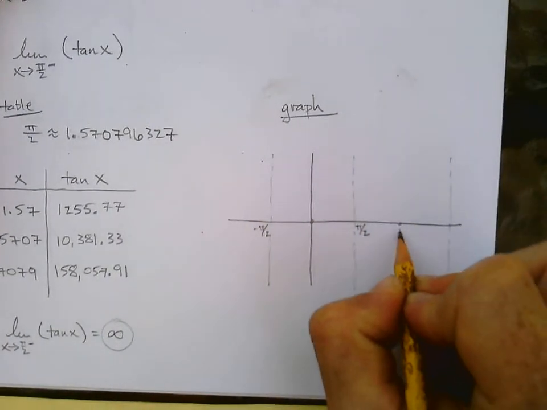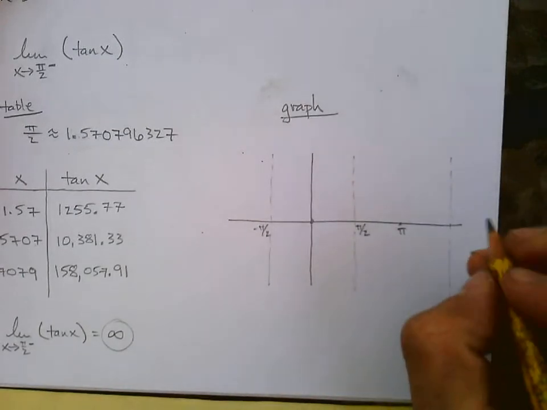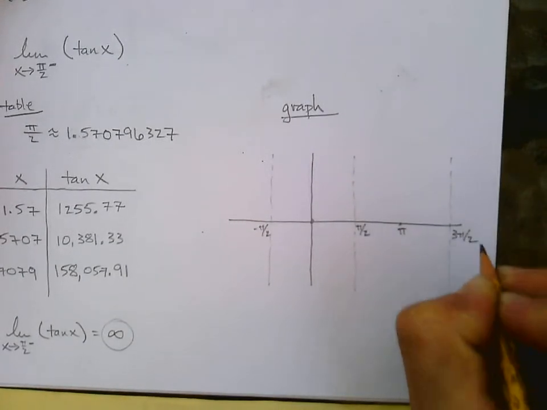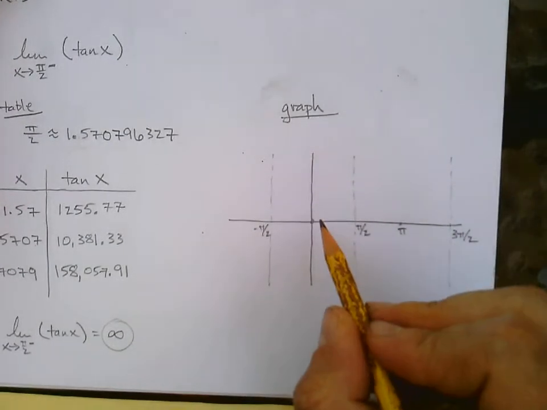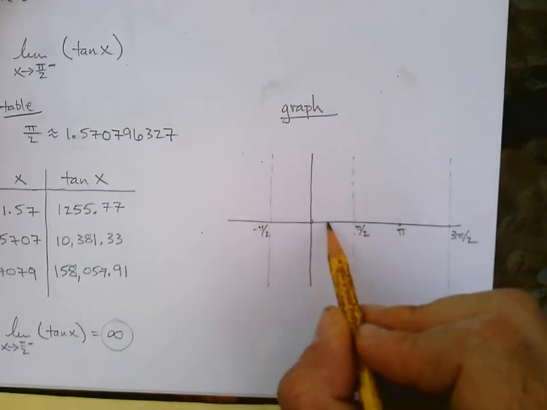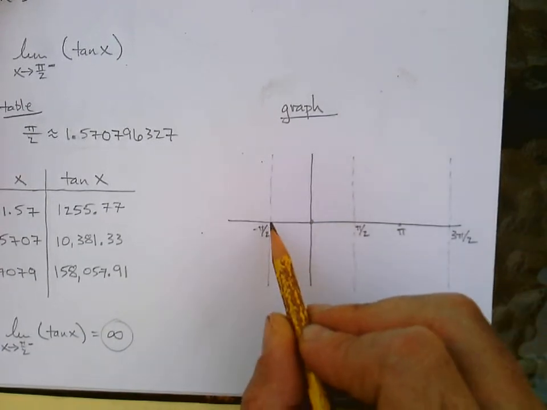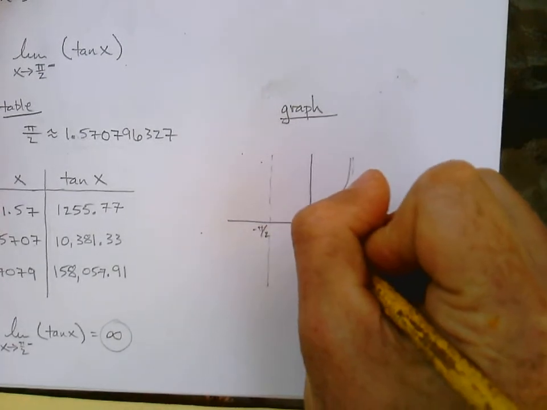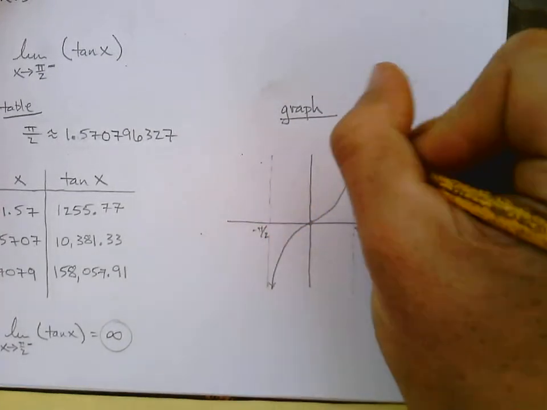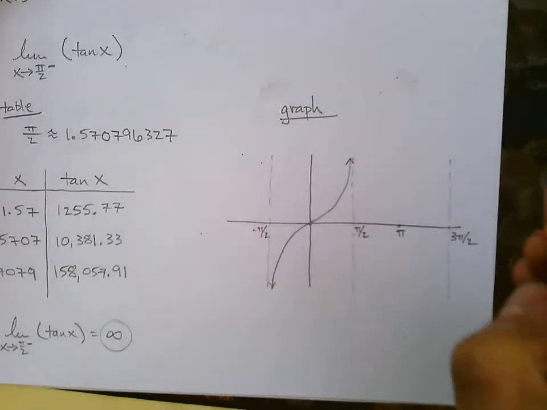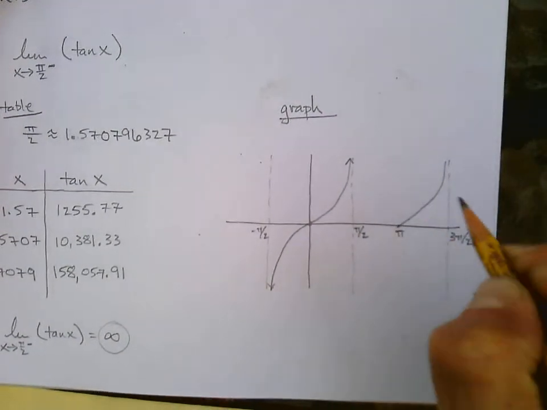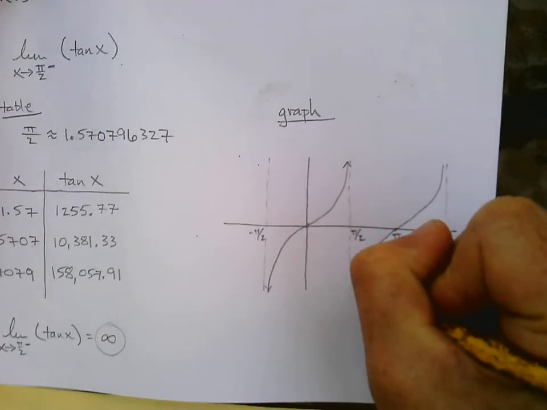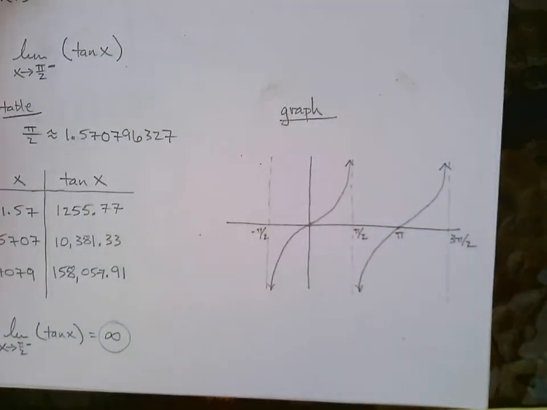So that would make this pi, and this would be 3 pi over 2. Tangent has a period of just that width, pi, so it does this, and then it repeats that shape again. You get the idea?